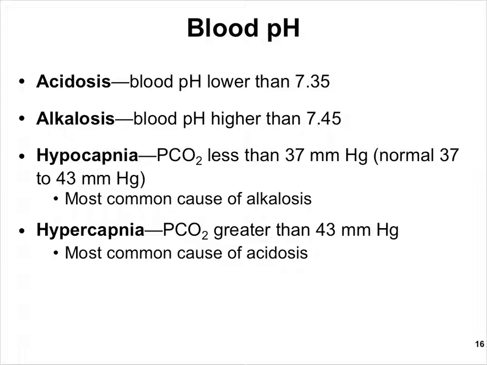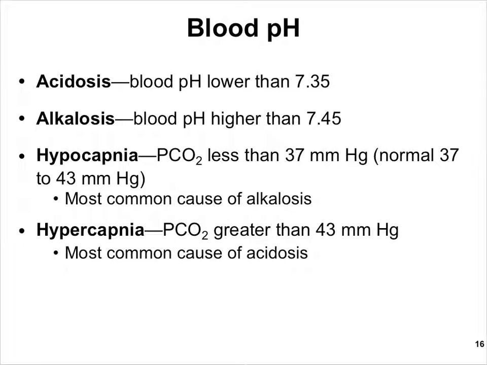So hypocapnia, too little CO2 in the blood, causes alkalosis. Hypercapnia, too much CO2 in the blood, that's more than 43 millimeters of mercury, causes acidosis. It is the most common cause of acidosis, but there are more causes of acidosis than alkalosis.